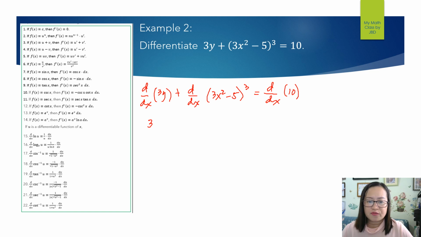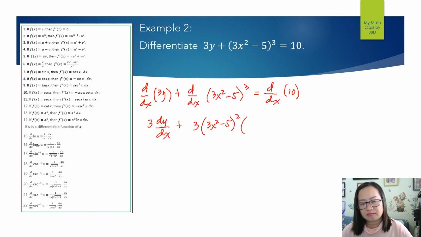So we will have 3 dy dx. Now using the chain rule, we will have 3 and then for the constant, we will have 0.